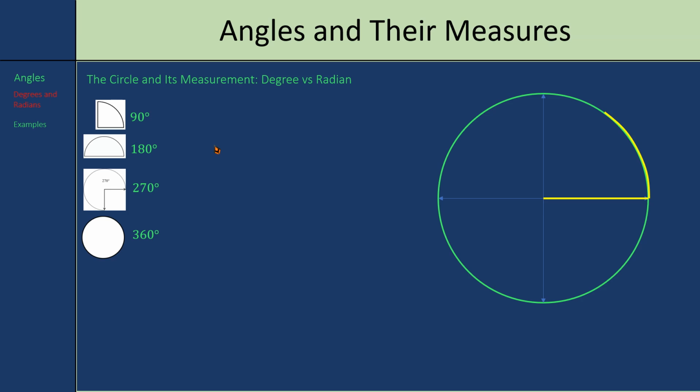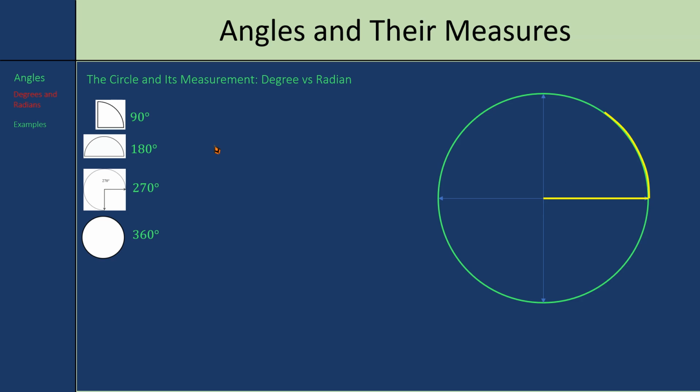That's how long the radius is. The angle that it makes, we call that 1 radian. Radian is radius, same thing. The length of the radius forms the arc on the circle, and the angle that subtends that arc is 1 radian. 1 radius gives you an angle of 1 radian.